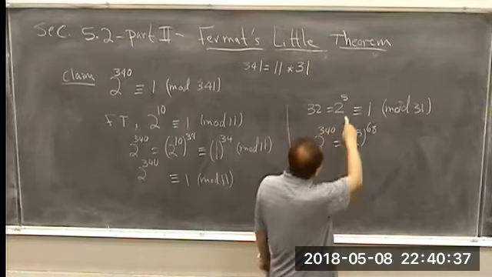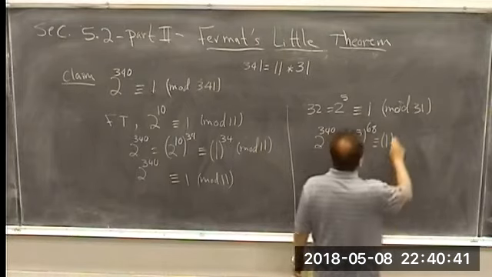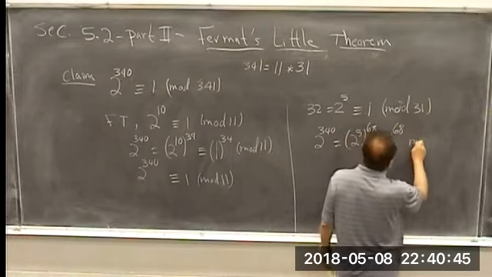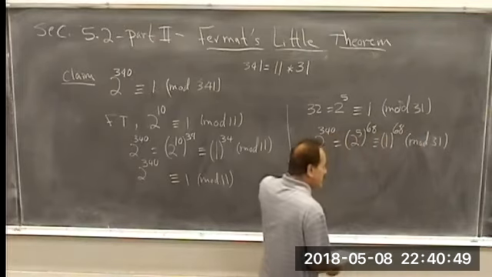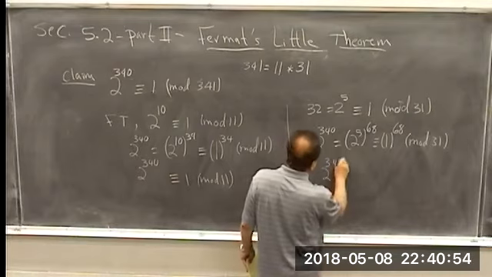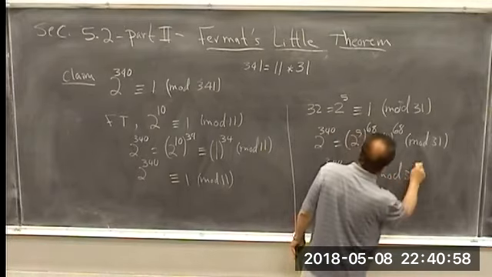But 2 to the 5th is congruent to 1 mod 31, so this becomes 1 to the power 68 mod 31. And this gives us this congruence mod 31.